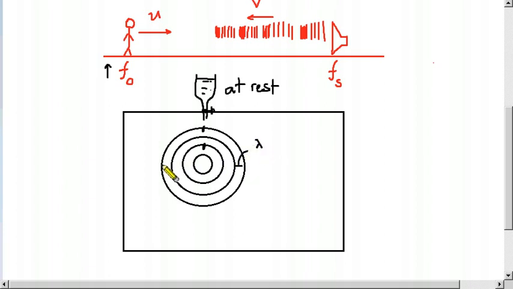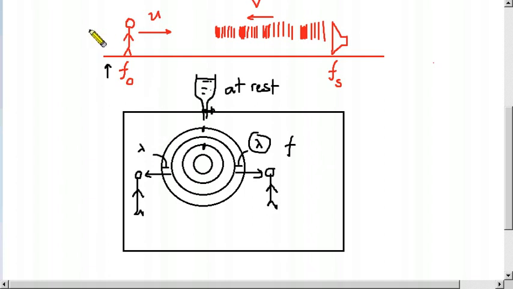Since both sides have the same lambda, imagine that here is an observer, he feels these waves, and there is another observer here, he also feels these waves. Both are experiencing the same lambda, and therefore the frequency is also the same, f.